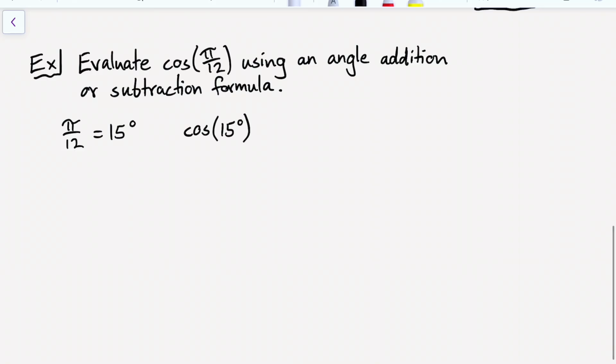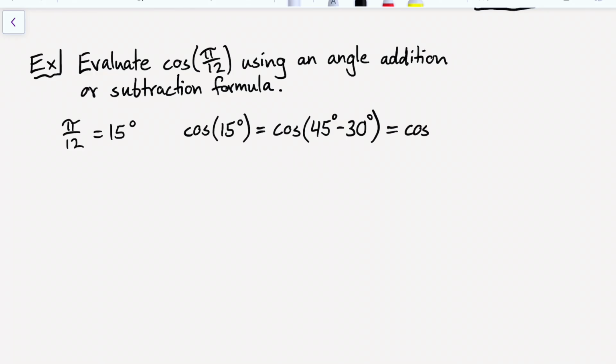So I want to find cosine of 15 degrees. And I could say here, this is cosine of 45 degrees minus 30 degrees. That's one way, not the only way, but one way to get the difference of 15 degrees.